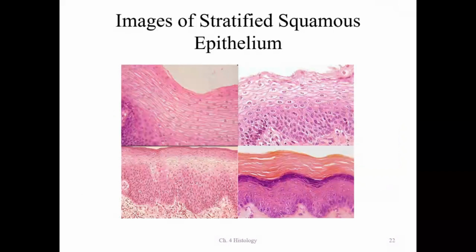So, layers of flattened cells. Here is our free surface. So this is an epithelium. Down there we have our basement membrane. And look at how the cells at the top look very flat. They're flattening out.